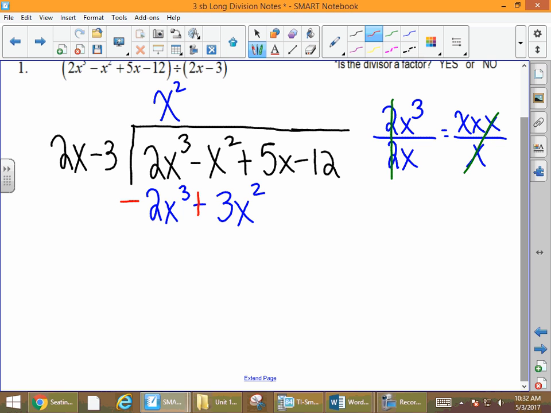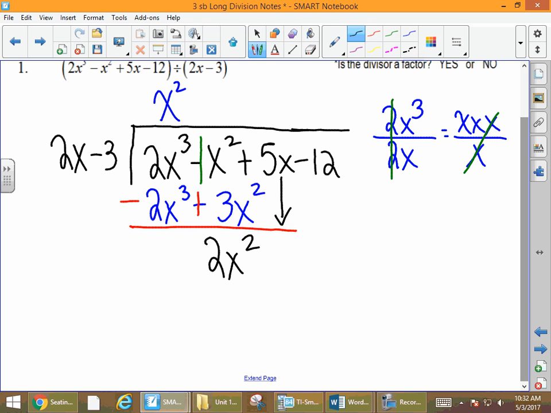Sometimes people mess up. Not here. 2x cubed minus 2x cubed still cancels out. Sometimes people forget that there's a 1 in front of that x squared term. So this is negative 1x squared plus 3x squared, which is 2x squared.